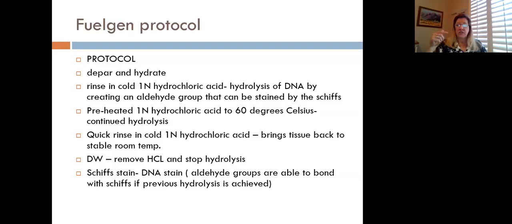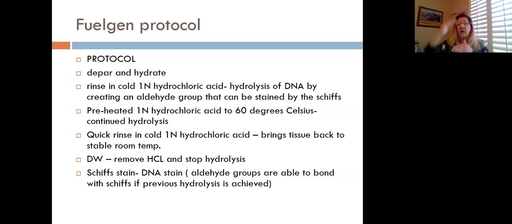Yeah, Schiff's reagent lives in the refrigerator. And when you need to use Schiff's, you need to pull it from the refrigerator, get yourself a transfer pipette, a plastic pipette, pull out what you need, put it in a little beaker, bring it to room temperature, okay, before you use it. And then the bottle of Schiff's needs to go back into the refrigerator as soon as possible.